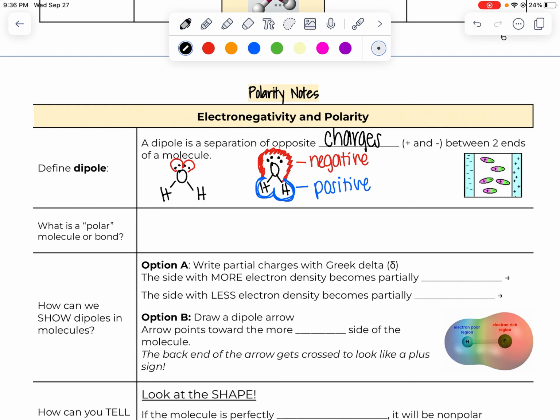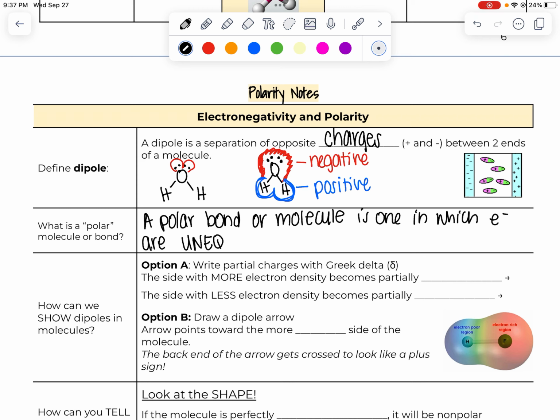But what does it mean to actually be polar? A polar bond or molecule is one in which electrons are unequally shared.